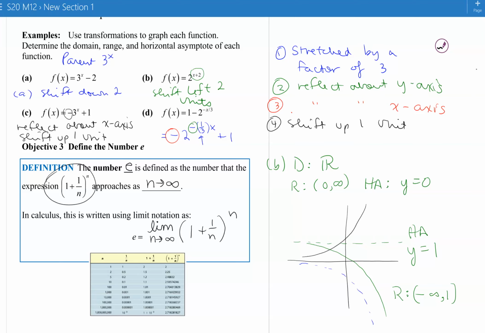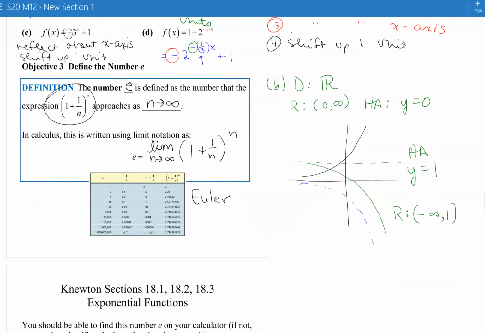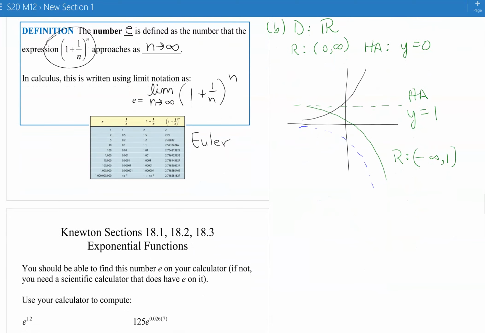So it was a number that already existed. It just kind of got discovered by a Swiss mathematician named Euler. So the letter e was chosen to represent it in his honor because he kind of discovered the idea.